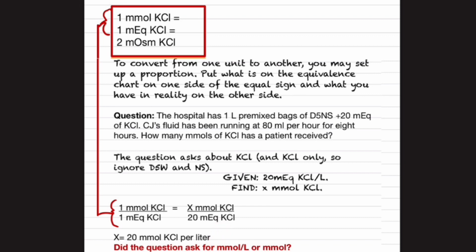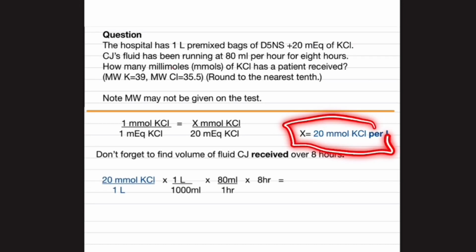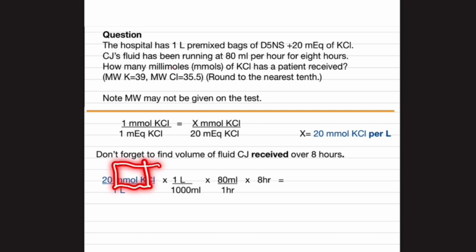The question asked for millimoles, not millimoles per liter, so we are not finished. The reason why we're not finished is because of that liters. Don't forget to find the volume of fluid CJ received over 8 hours. I'm taking that 20 millimoles per liter. I plug it in there, and I want my millimoles on top because that's the units that I want the answer to come out in.